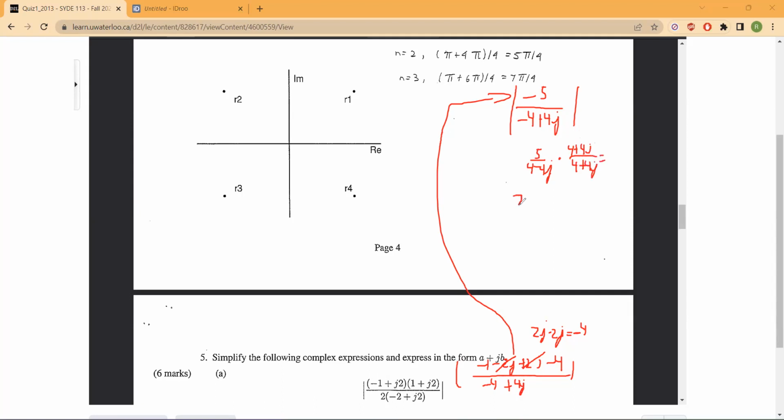That is going to be equal to 20 plus 20j over 16 minus 16. The reason it's 16 minus 16 is just a squared minus b squared, so these two cancel out. Then we're left with 20 plus 20j. There you go. And that should be it.